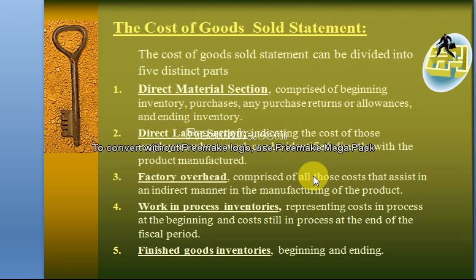So today our topic is regarding the cost of goods sold statement. The cost of goods sold statement is a statement which is prepared by each manufacturing company on a monthly basis or quarterly basis or semi-annual basis, as well as on an annual basis.